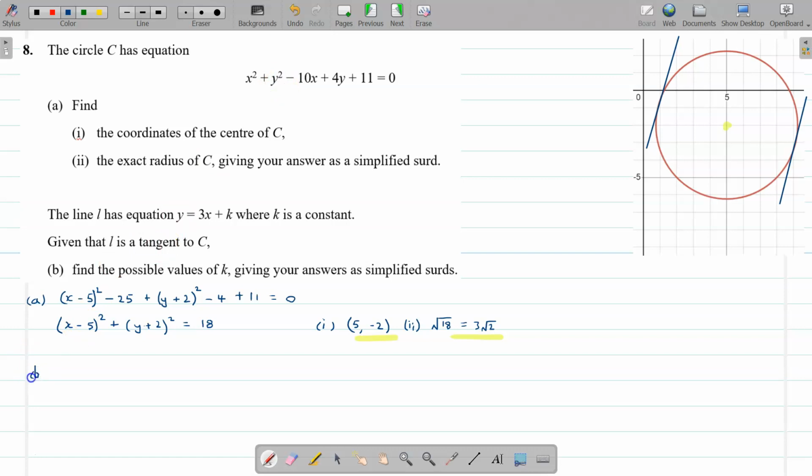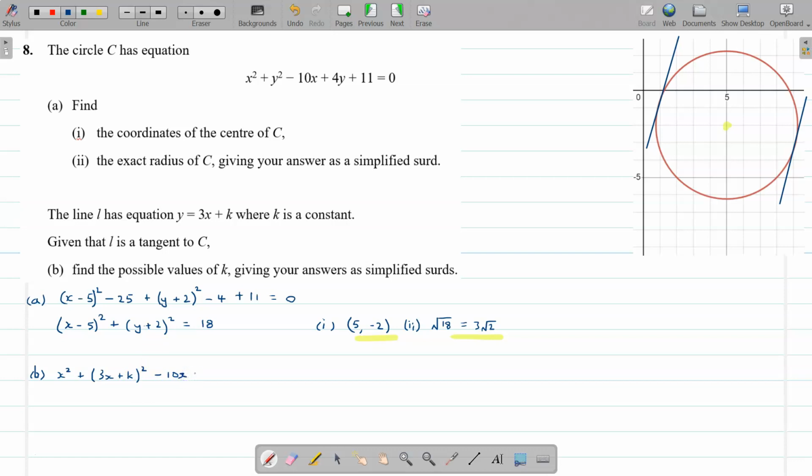I would say that x squared plus y squared, which I'm now writing as 3x plus k all squared, and that is going to have minus 10x.